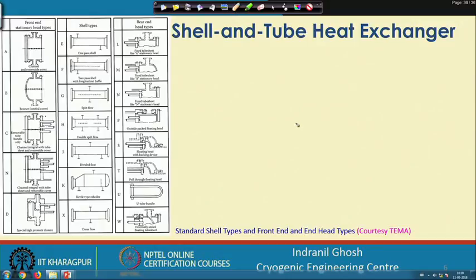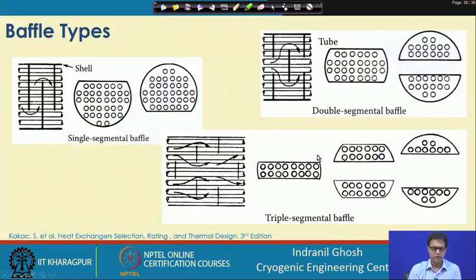So, now if we look into the different types of baffles, several types are possible. The baffles basically give two types of advantages. First of all, they give mechanical stability to the tubes.